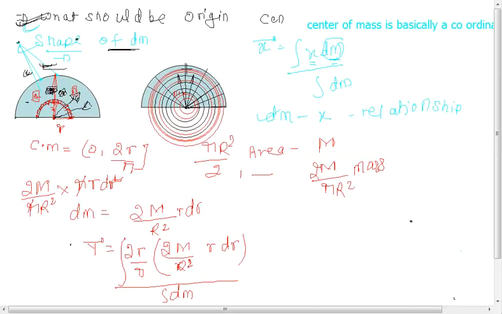We can fill the whole mass. So the radius varies from 0 to capital R, because we want to cover the whole mass.